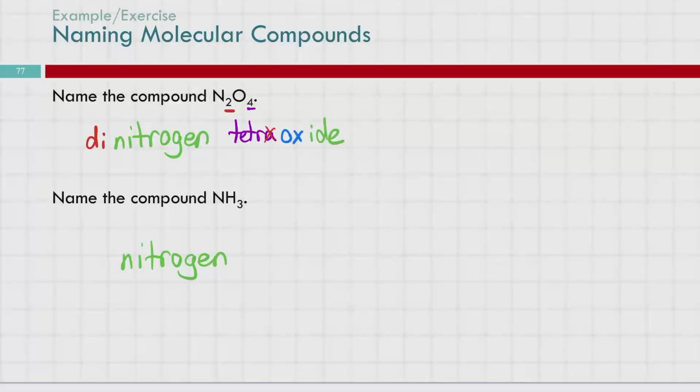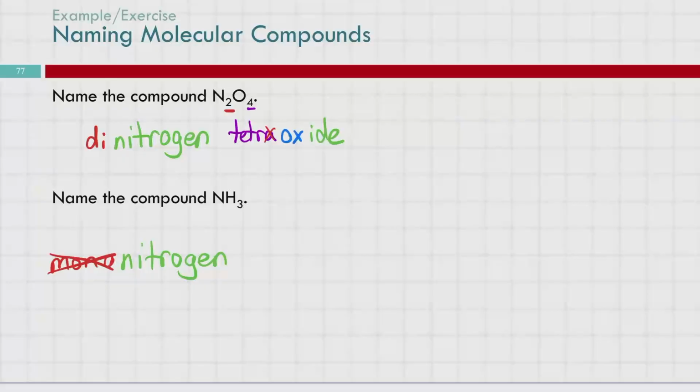What is our prefix for one? So are we putting mono in front? Why not? Because it's the first element, and that's the rule. That's all the explanation that I have for you for this one. Sometimes I have more explanations. I'm going to write the mono in, and then I'm going to cross it out so that we can see that it doesn't need to be there. So no mono, thank goodness, just nitrogen.